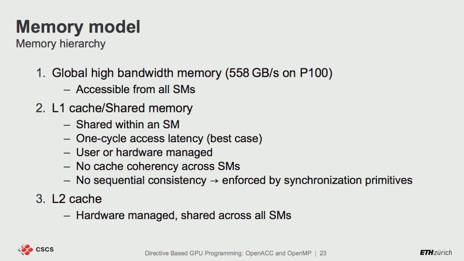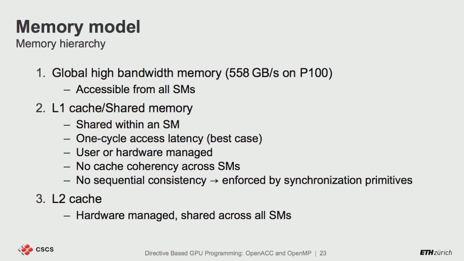So now I'm going to talk a bit about the memory model, and then we can go for a break. We have different levels of memory on the GPU. We have the so-called global memory, which on the Pascal GPUs, in the past, used to be GDDR5.